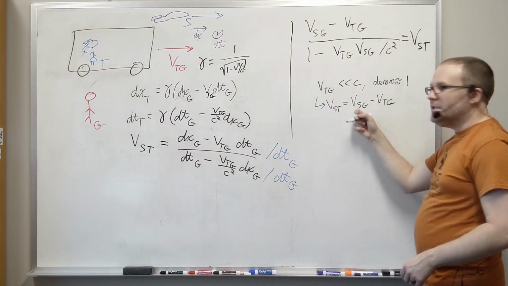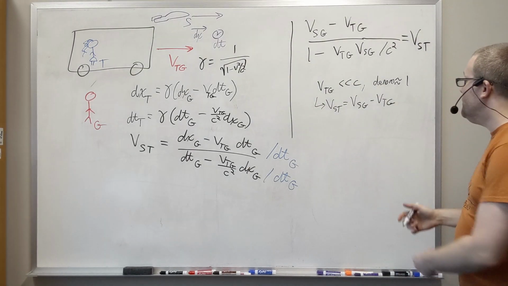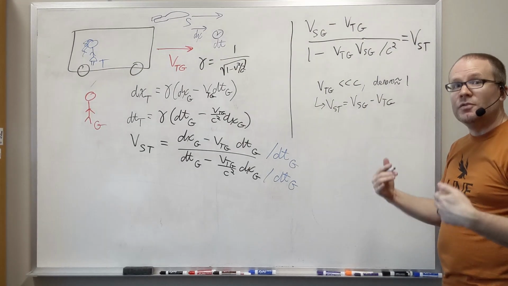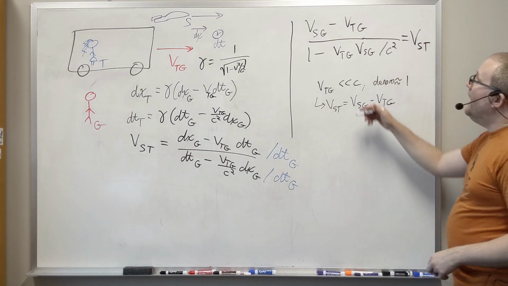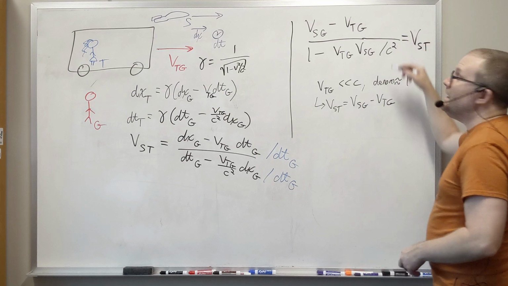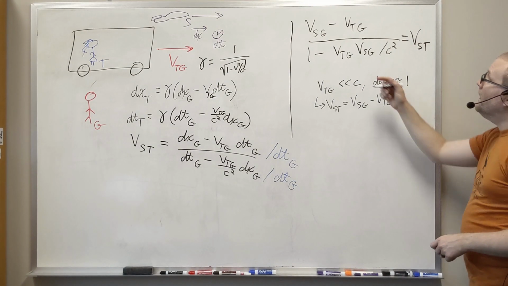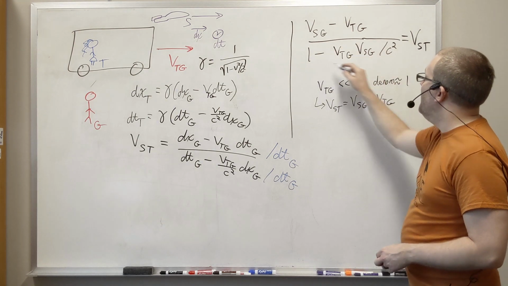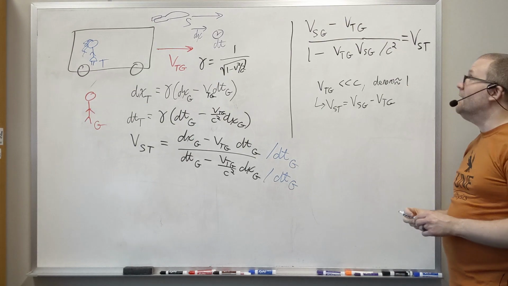This is what you would expect in normal, everyday, big, slow experience. You would just expect the velocities to subtract. This also guarantees you that this outcoming velocity can never be bigger than c, because this thing in the denominator is always going to compensate for however big this thing gets, right?